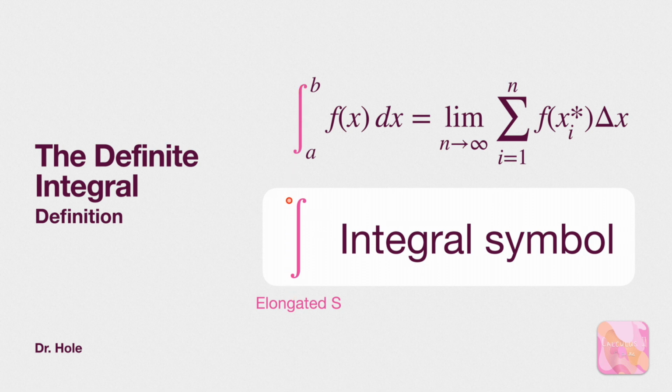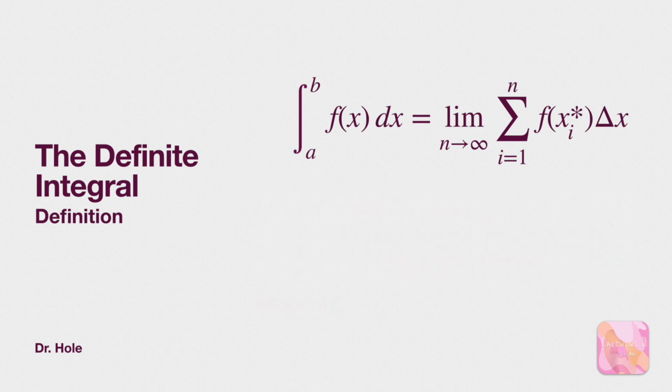This elongated s as a symbol is referred to as the integral symbol. Used as a definite integral, we read the integral symbol as the integral. Nice. Attached to this integral are values a and b.